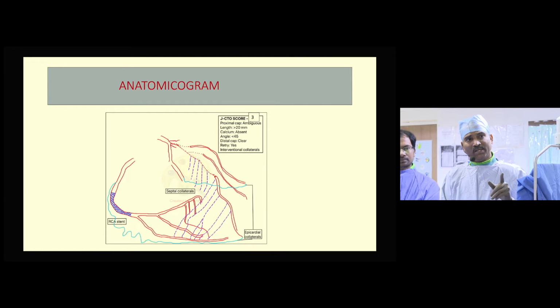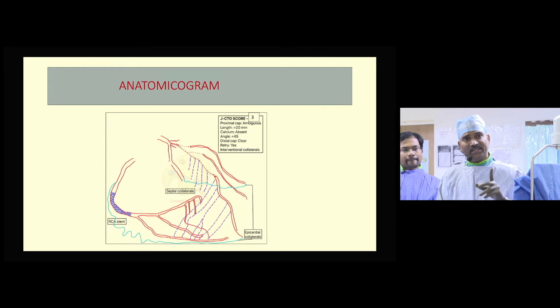But the problem here is, it's a long segment CTO, and there are two diagonals coming out of LAD, probably within the CTO, and we don't have any clarity on the course of the vessel. So most likely we may end up going retrograde because the length is long and we don't have any clarity on course, at least in angiogram.